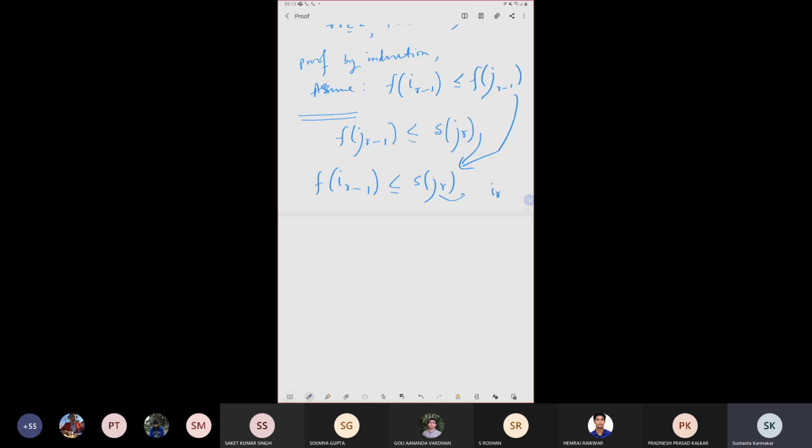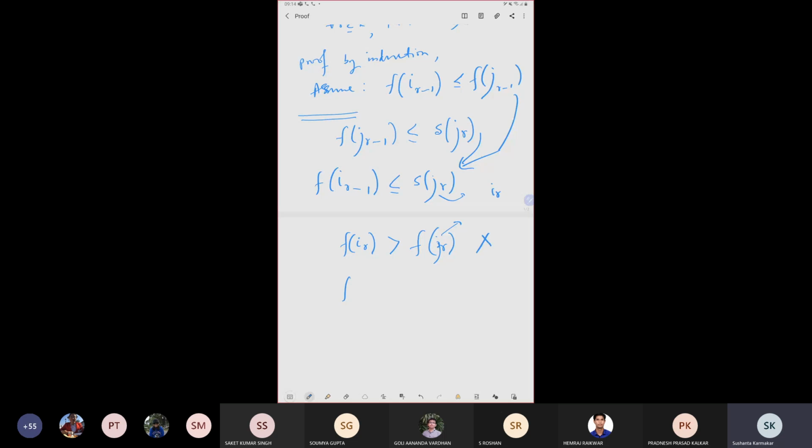So had it been the case that the finish time of this would have been greater than the finish time of JR, then because JR is compatible with R minus 1, our algorithm would have chosen JR. But that has not happened.